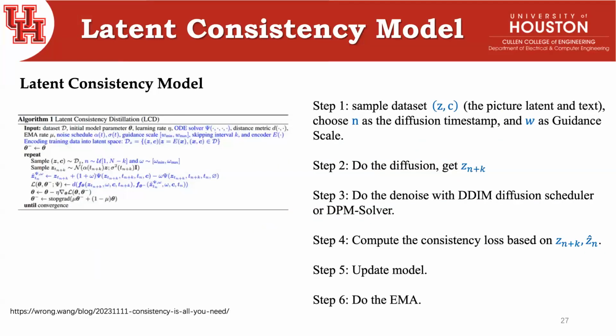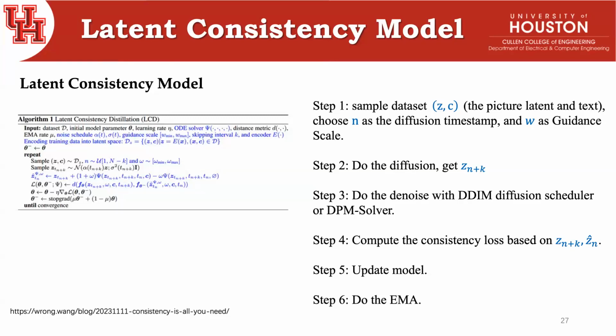In the latent consistency model training process, step 1 is to sample some data, where Z is a picture and C is a text. We choose n as a diffusion time step, and w as the scale of the guidance. In step 2, we do the diffusion and get the noisy picture at Z_{n+k}. In step 3, we denoise with a DDIM diffusion scheduler or something like a DPM solver.